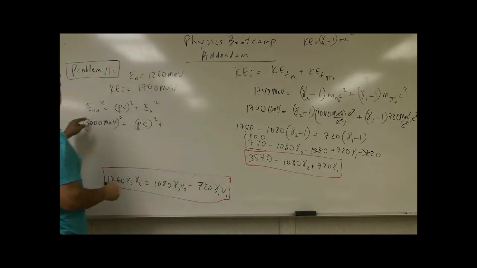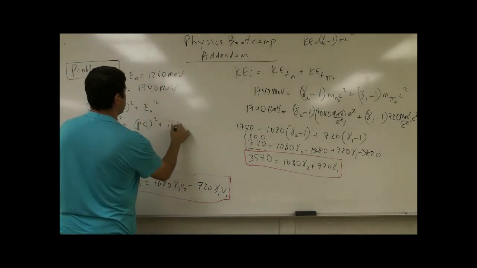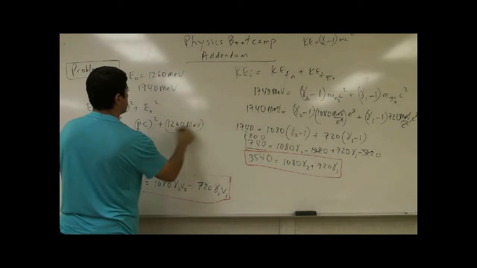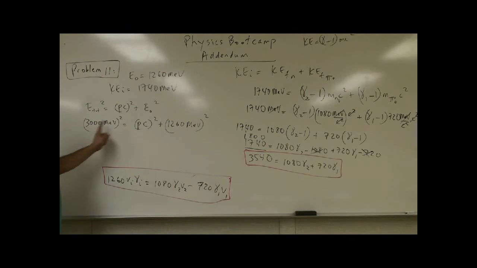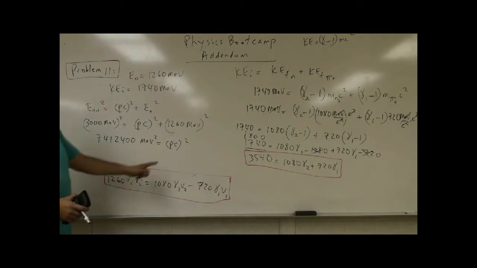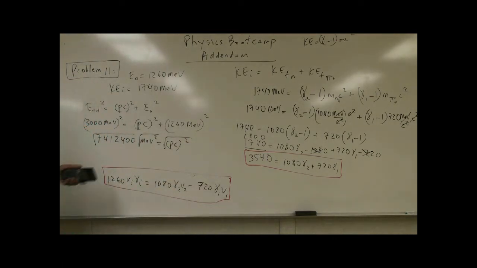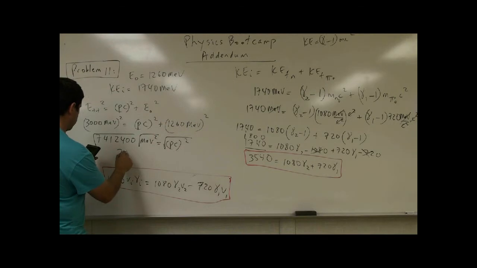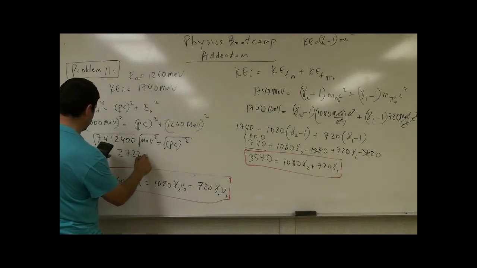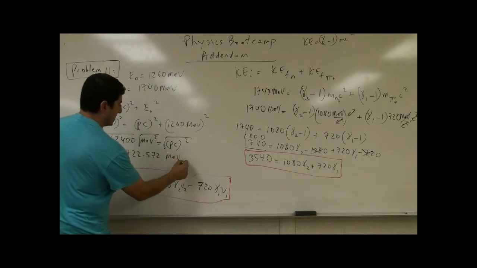So basically I do 3000 squared minus 1260 squared. Well, what am I going to do? I can square root both sides, and what do I have? Well, I basically have a smaller number, 2722.572 mega electron volts is equal to PC.